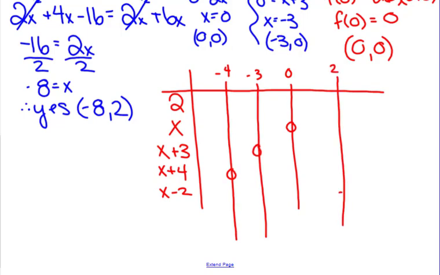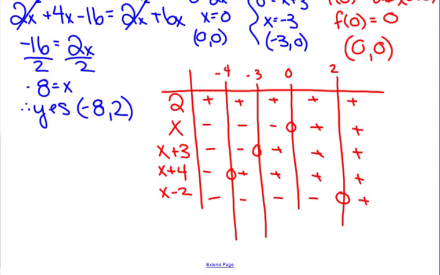Your spacing on these doesn't really matter. I'm just setting it up as just where things would change. Well, 2 is always positive. Then we track the signs of x, x + 3, x + 4 and x - 2 across each interval. So overall, we've got positives, a negative, a positive, a negative, and a positive.